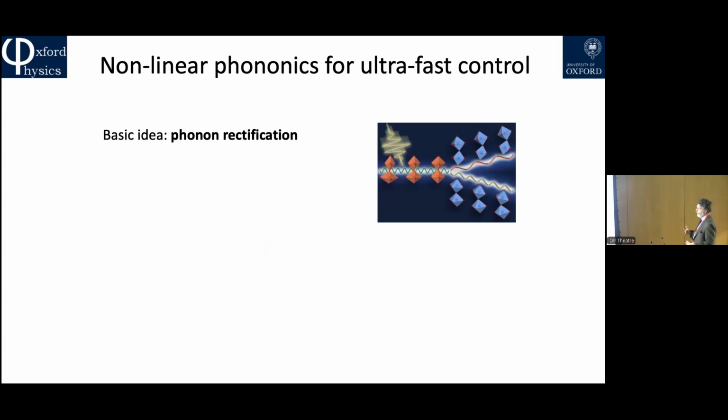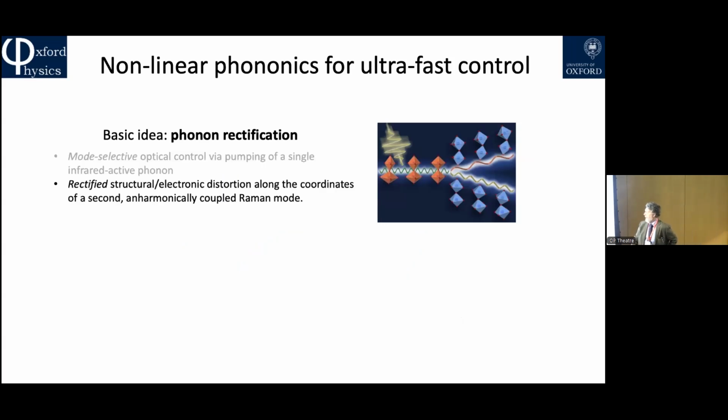It is due to a nonlinear process and a nonlinear interaction of phonons, whereby you pump a single infrared active mode, and there is a structural and electronic distortion that is rectified along the coordinate of a second, anharmonically coupled mode, which in centrosymmetric systems will be a Raman mode. In a centrosymmetric system, infrared active modes and Raman modes are separate.